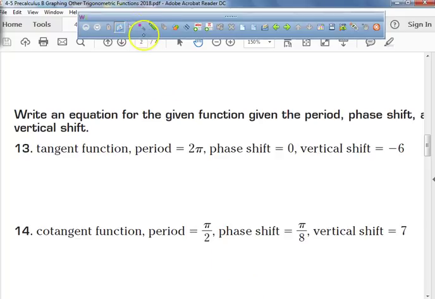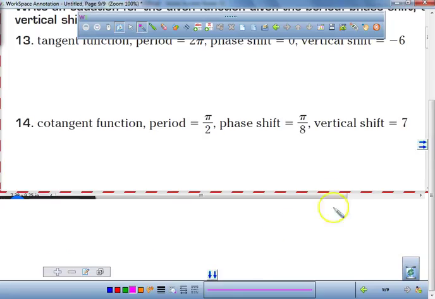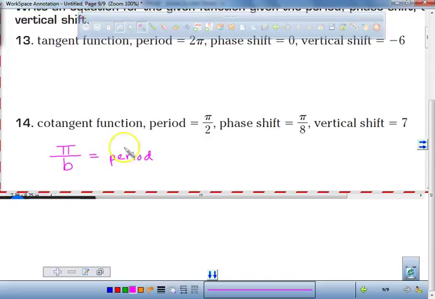14 has been chosen to be the example problem. So like I said before, pi divided by b will always equal the value of the period for either a tangent or a cotangent function. So I'm going to say pi over b equals pi over 2 because it says our period is pi over 2.